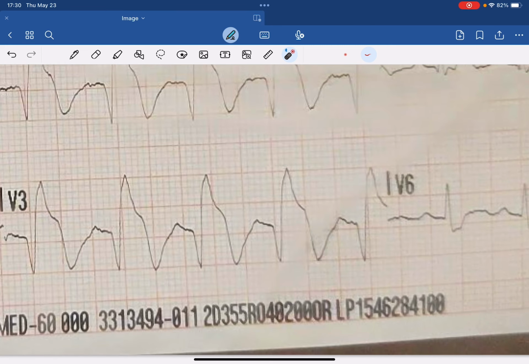Again, we said that the amount of QRS complex that exists or should exist is going to be 4 tiny boxes or 160 milliseconds. If we take, let's say, this complex right here, and we measure out from where the start of the QRS is, which is there, 4 boxes, that's going to be 1, 2, 3, and then our 4th box is going to be here, which means that right here is the J point.